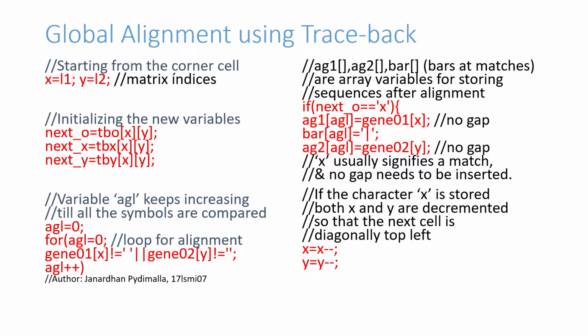So the first condition: if next O is equivalent to symbol X, that is the symbol used for diagonal, we don't introduce any gap in the sequences. We just print the characters as they are, and we put a bar between the characters.